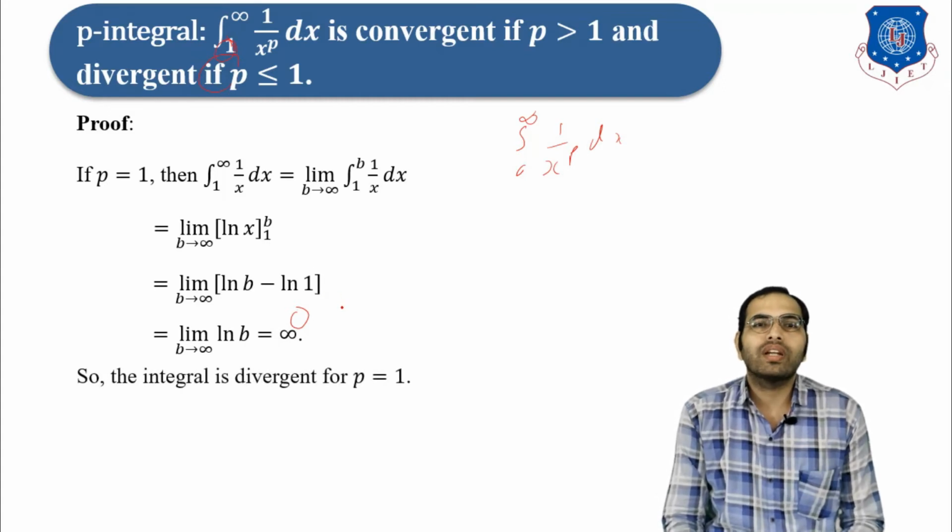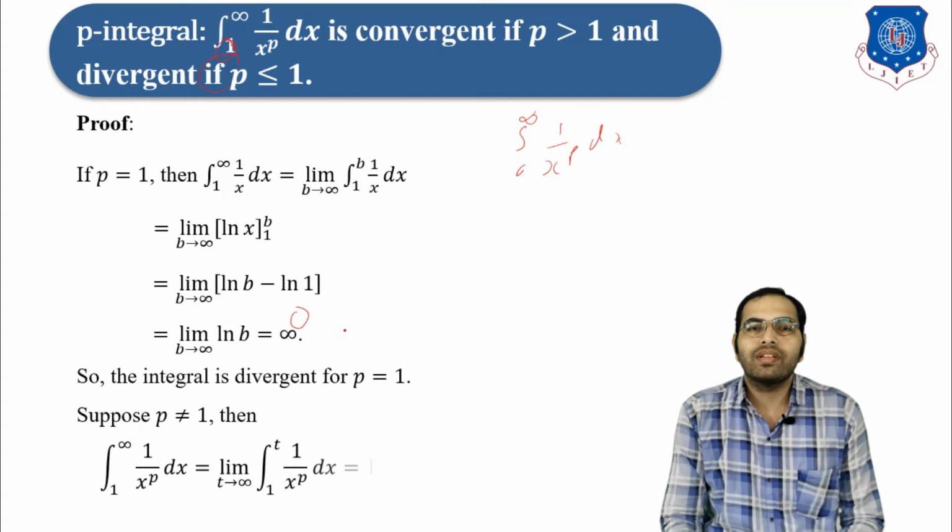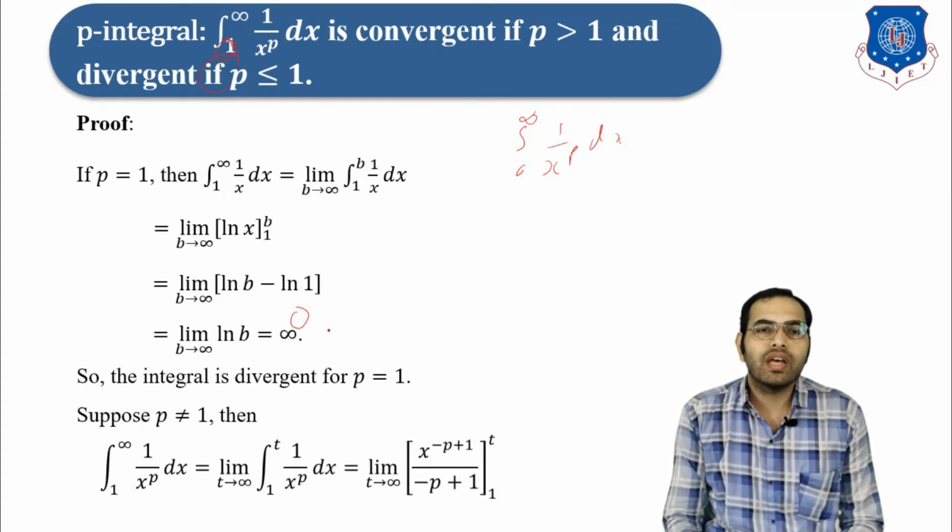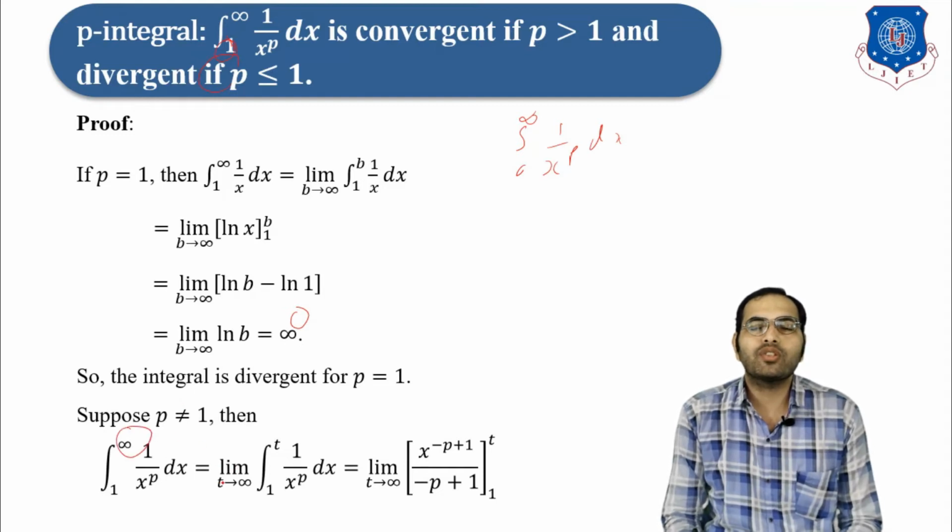Let's see for p not equal to 1, then our integral 1 to infinity 1 upon x raised to p dx. Here the upper limit is infinite, so replace infinity by t, means limit t tends to infinity integral 1 to t 1 upon x raised to p dx.